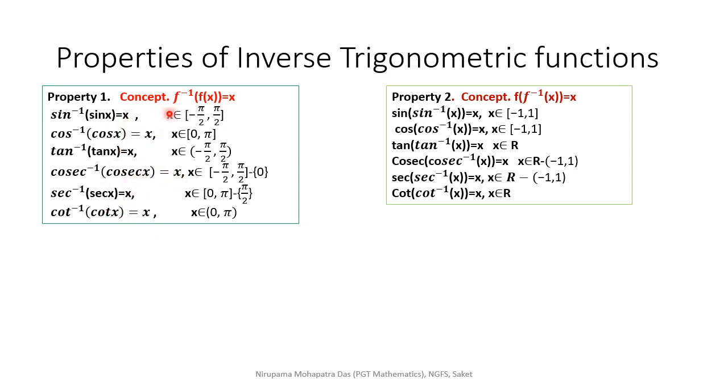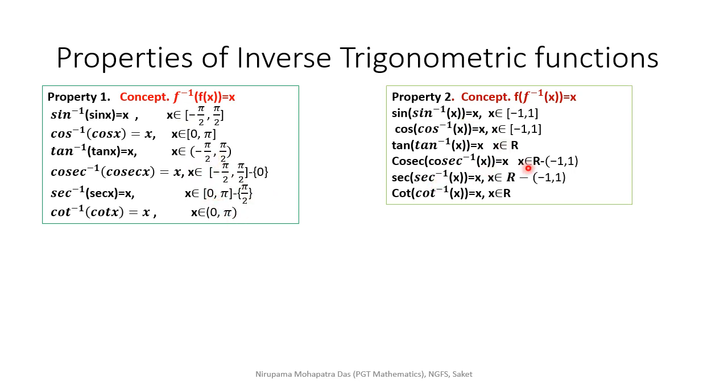The basic concept here is f inverse of f of x equals x, and here x is in the domain of what? The domain of sine x, cos x, tan x. Because we have taken sine x, here x belongs to the closed interval minus pi by 2, pi by 2. So while applying these properties, you really have to keep in mind the domain of the function.